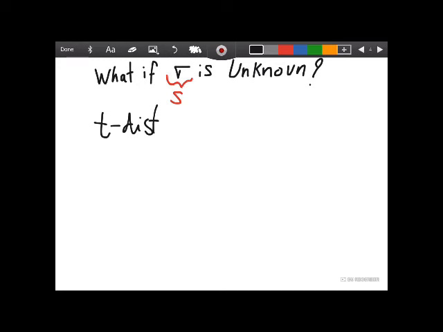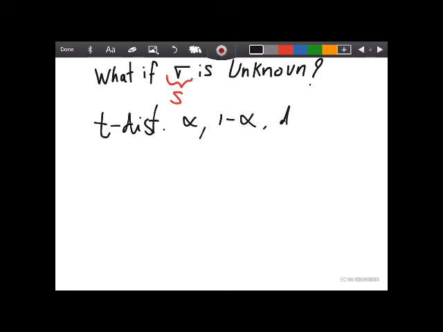So for this particular case, we need to know alpha, the significance, or the 1 minus alpha, which is the confidence. But also, we need to know the degrees of freedom.